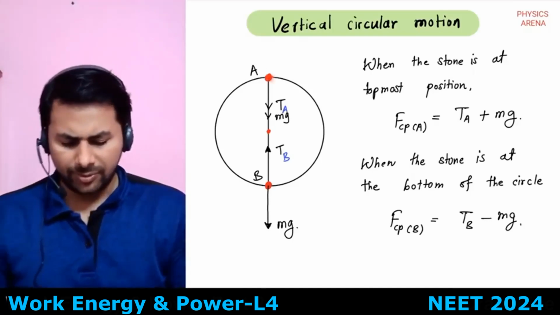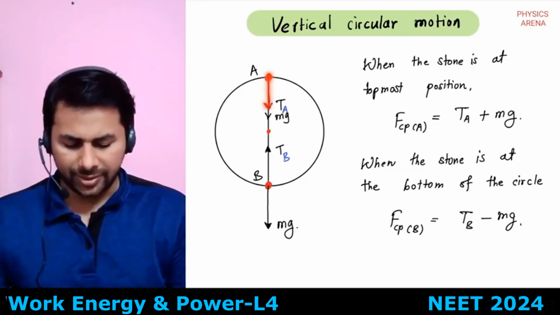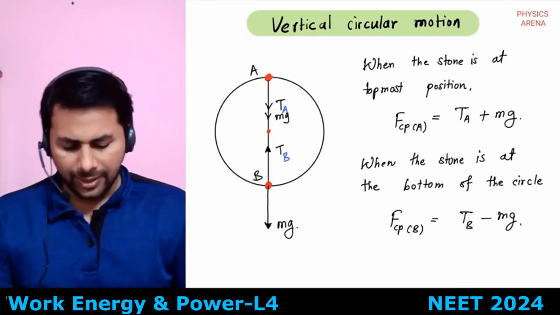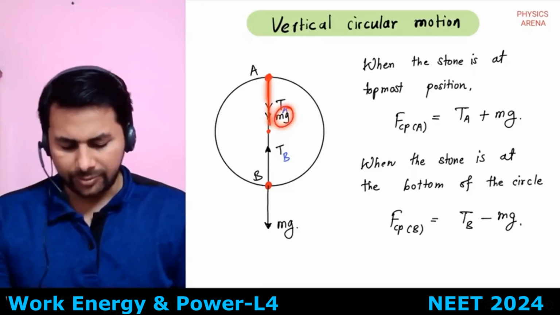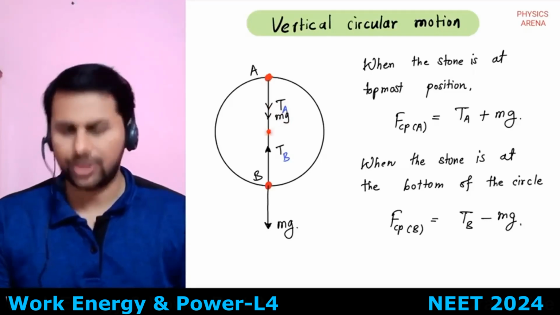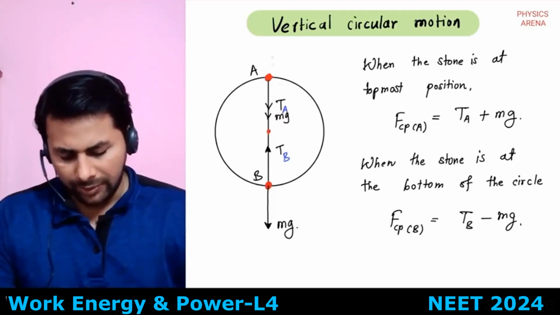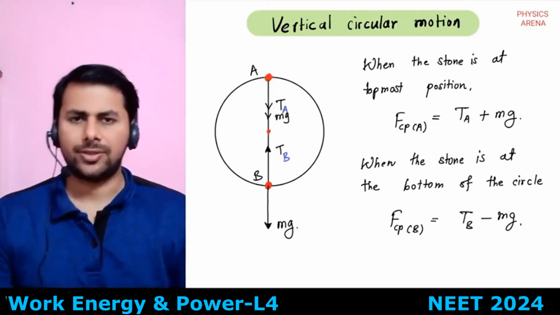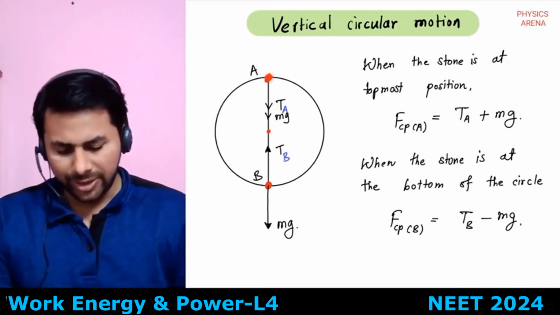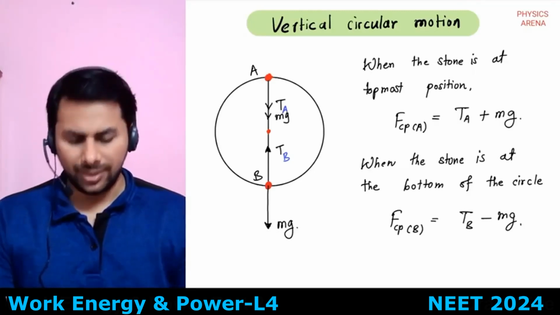There will be some tension in the string acting at this point, and there will be some gravitational force acting downwards. Tension acts towards the rigid support, and the gravitational force acts downwards. So what will be the centripetal force at this point? It is the sum of those two.